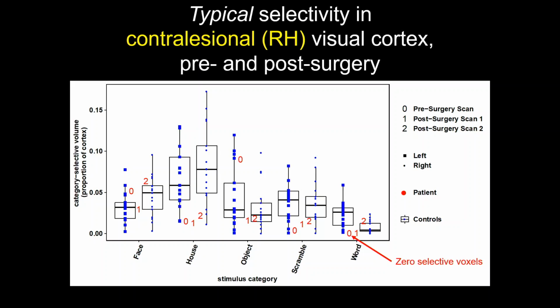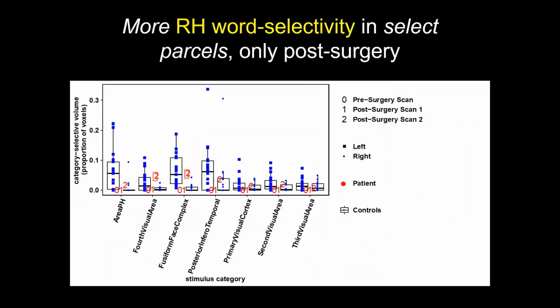She only showed minimal category selectivity initially post-surgery, but then it appears she shows a lot of category selectivity for words about 2 years post-surgery. So we did a fine-grained analysis where we looked at her word selectivity in these different parcels. Sorry that this came out weird on these slides. Basically here in 2, we're looking at her second post-surgical scan in her V4 and fusiform.